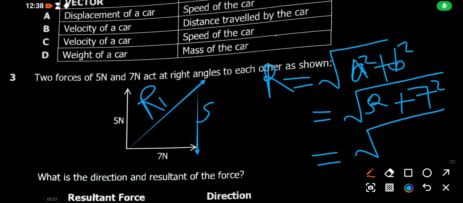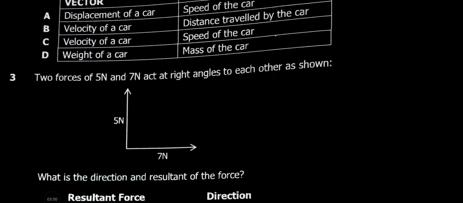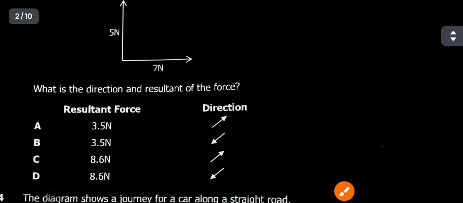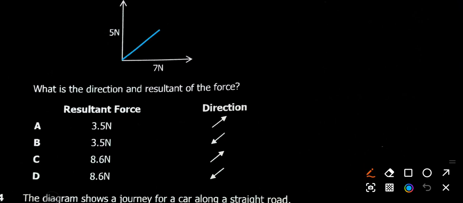Doing your basic math here will give you a value of 74, and R is approximately equal to 8.6. So my resultant vector is 8.6. Okay, the direction we have said is in this way, so it can either be this or this, and the size of the resultant vector is 8.6, so option C.